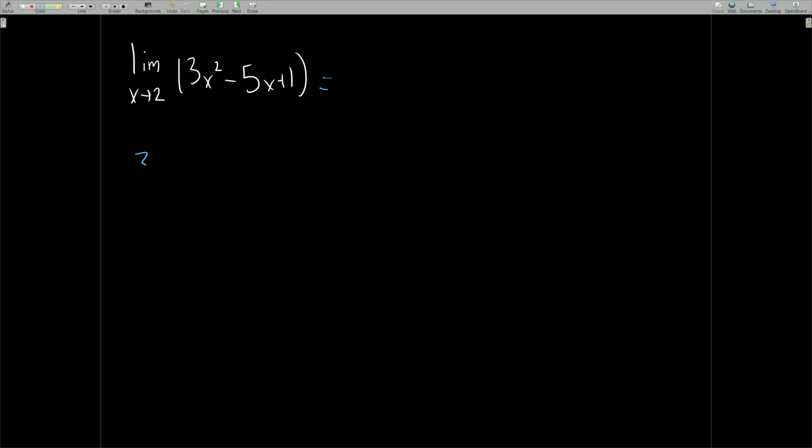So that would equal 3 times 2 squared minus 5 times 2 plus 1. You substitute the x for 2 here, and that's 12 minus 10 plus 1, which is 3. That's how you find the limit of a normal equation.